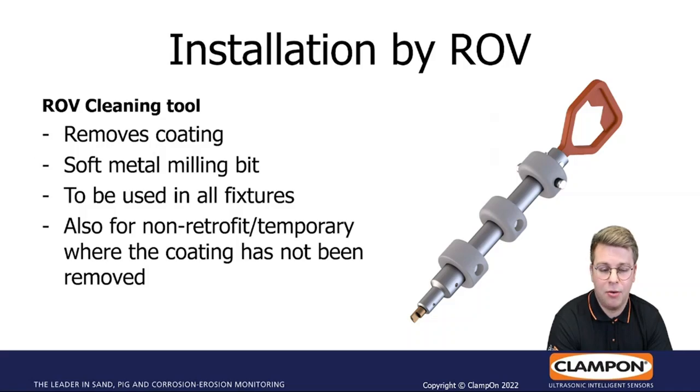This will make sure that only the coating will be removed, and it's not damaging the metal underneath. This can be used in all fixtures, and also for non-retrofit or temporary, where coating has not been removed in front, that is.